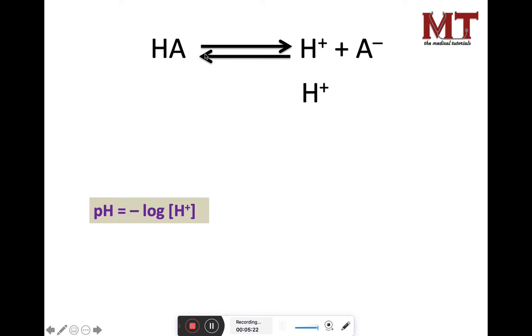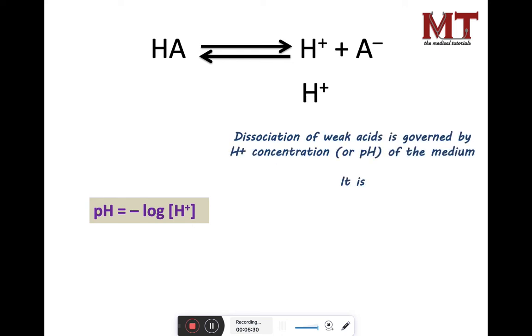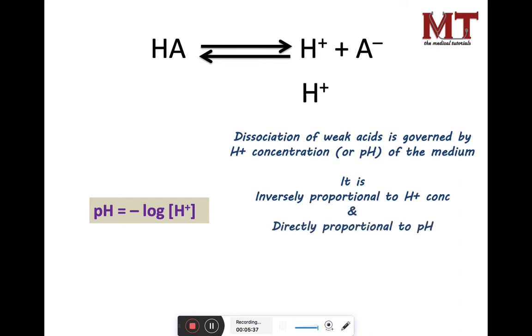So the dissociation of weak acid depends on the H ion concentration of the medium, or you can say the pH of the medium. It is inversely proportional to the H ion concentration and directly proportional to the pH of the medium. Why directly proportional? Because pH is negative log. More H ion concentration, less will be the pH.